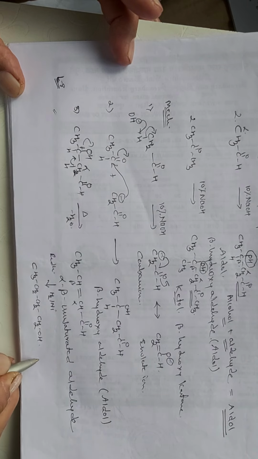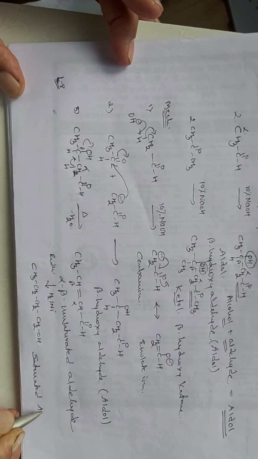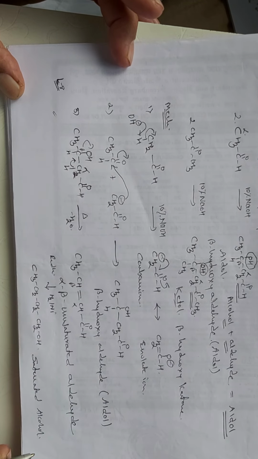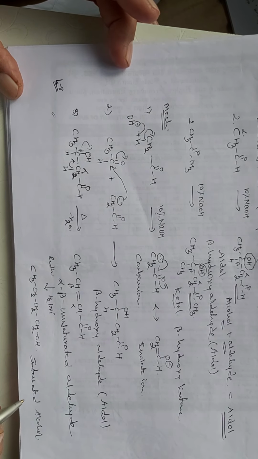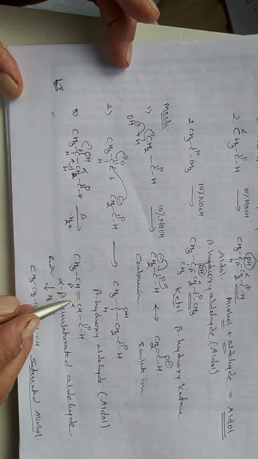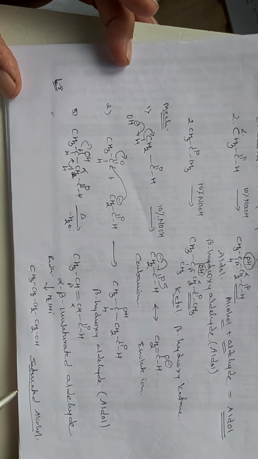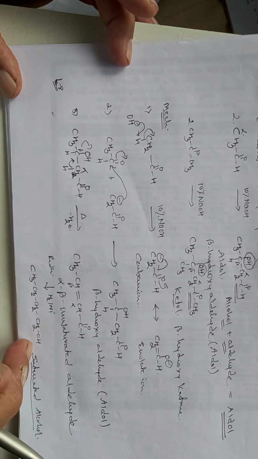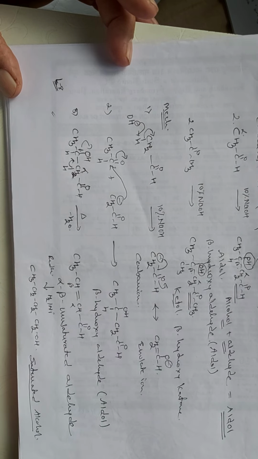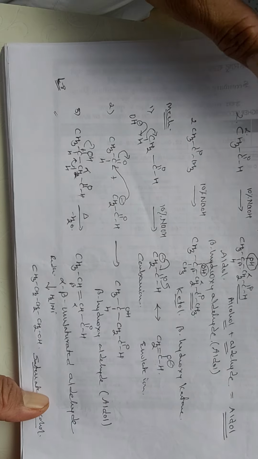Here you get a saturated alcohol. So this is another synthetic method to prepare saturated alcohols from aldehydes and unsaturated aldehydes. If we want to prepare saturated alcohols, you can prepare them by this method, or if you want to prepare alpha beta unsaturated aldehydes, you can prepare them using the aldol condensation reaction.